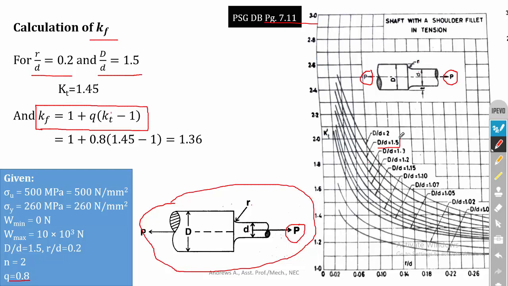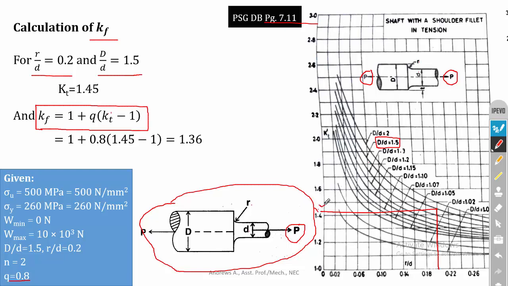So here the D by d is 1.5. So r by d is 0.2. So 1.88, 2.2. So this is 0.2. So you can draw a line like this. Okay. So here the line is D by d is 1.5. So from this, draw a straight line, draw a horizontal line. So here it is around 1.4 and 1.5.